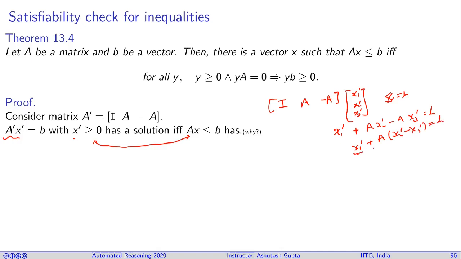Since this x1 prime has to be greater than or equal to 0, I can write this equation as A times (x2 prime minus x3 prime) less than or equal to b. Now these two are both non-negative numbers, but the subtraction can be any number. So basically any integer can be represented as a difference of two non-negative numbers. So you can say you have some variable x with ax less than or equal to b. So if this is satisfiable, then this is satisfiable, and then you have equals all over the place.